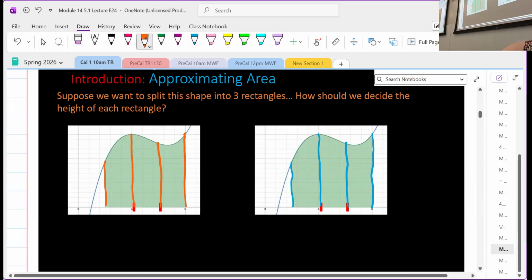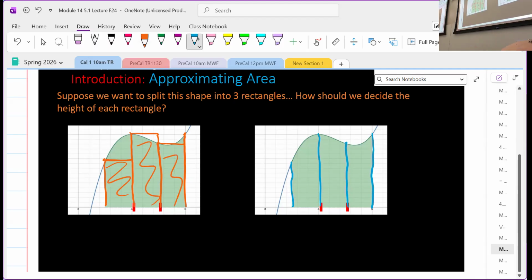But the question is, which height of the rectangle should I use? Should I use the left side? So I get those. Or should I use my right endpoints?